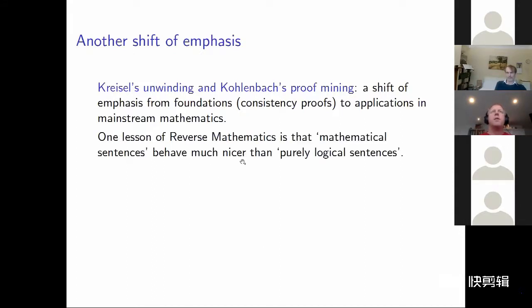If there's one thing we learn from reverse math, it is that sentences of pure math behave as pure mathematical sentences. Heine-Borel and Bolzano-Weierstrass behave much nicer than purely logical sentences, like the consistency of I Sigma_1. If you have a formula that expresses a theorem from math, it tends to behave much nicer. I mean, the Big Five phenomenon and all that.